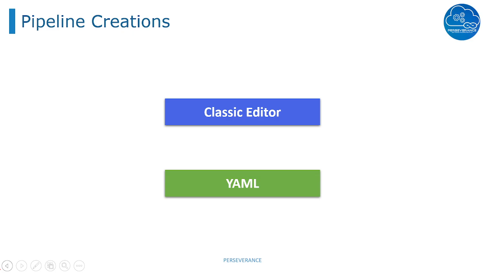This is an approach of reusability, modularity, and so on. This is the very best approach for implementing the pipeline. I'll explain this in one of the later lectures. For now, just understand that these two approaches are available, one with GUI and the other with pipeline as code implementation. So we need to develop a YAML code for creating the pipelines on Azure Pipelines.